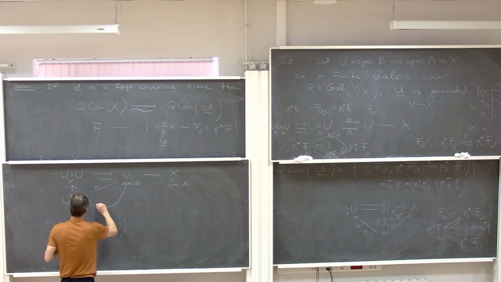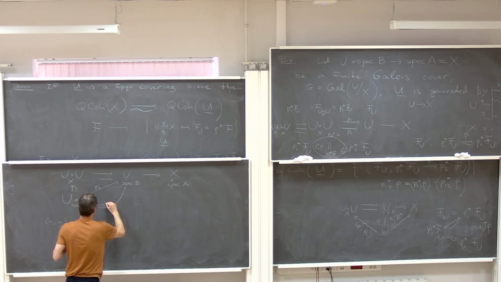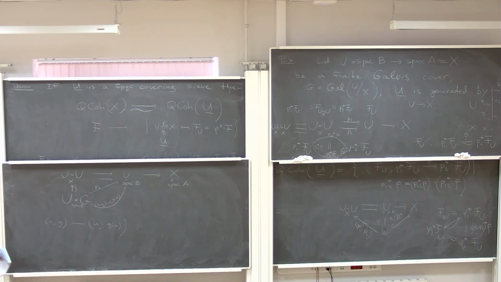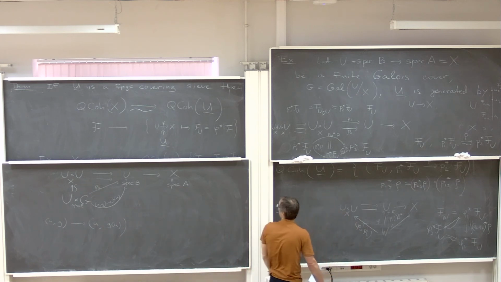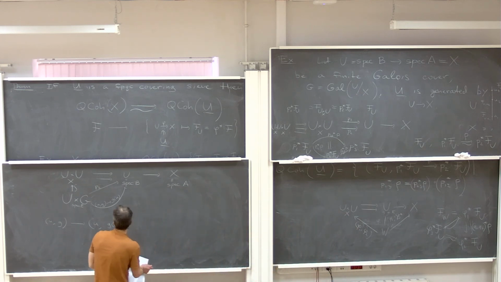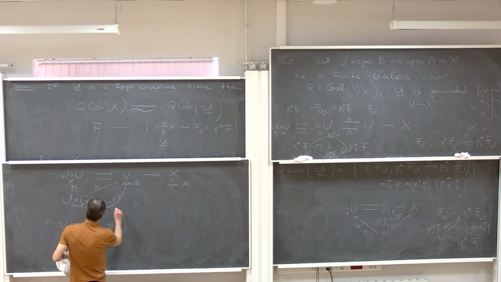It takes the pair (u, g) to g applied to u. So G acts on U, so you have this map. So in other words, unraveling, now going back to this description, let's give a name to this: let's call this the action map, phi.